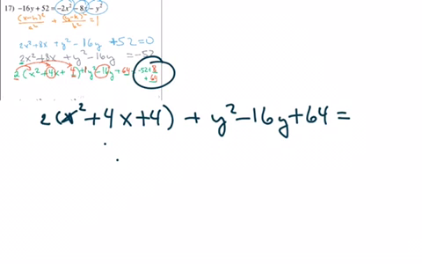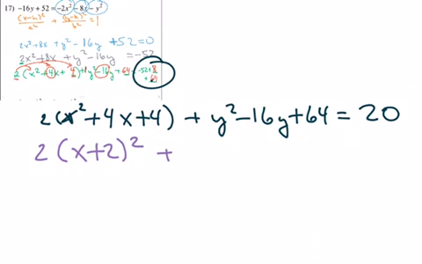I'm going to clean this up. 64 and 52 give me 12. 12 plus 8 is 20. Okay? So now, what do I have? Now, I have 2 times x plus 2 squared plus y minus 8 squared equals 20.